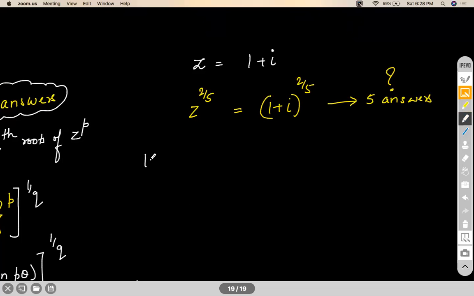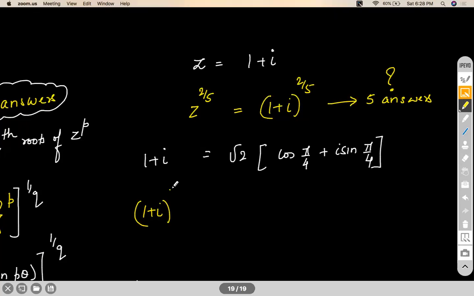First of all, write 1 plus i in polar form. We know that this can be written as root 2 cos pi by 4 plus i sin pi by 4. Now when you're raising it to the power of 2 by 5, treat it as if you're doing the power of 2 first and then raising it to the power of 1 by 5.